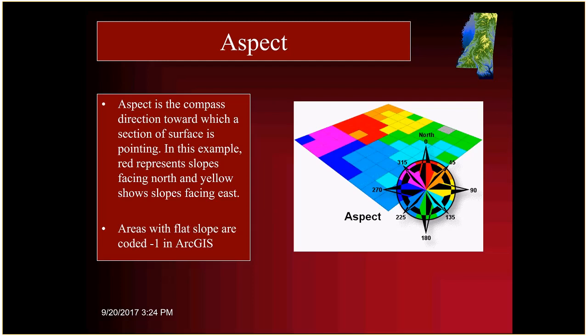So those are the directions. In Cartesian math, it actually is the opposite. This is considered 0, 90, all the way around, but it starts this direction. All right. There's a few other derivatives that we'll talk about how they're created.